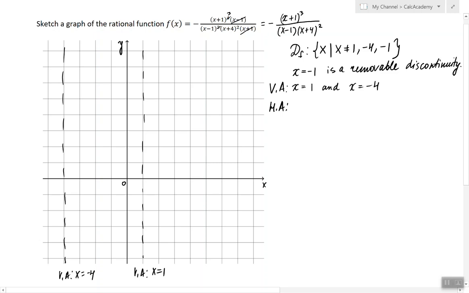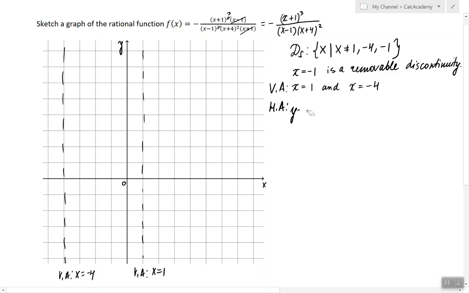To figure that out, we have to consider the degree of the numerator and the degree of the denominator. So the degree of the numerator is 3, and the degree of the denominator is also 3. So when the 2 degrees are the same, it all comes down to just finding the ratio of the leading coefficients, and whatever that number is, that's going to be our horizontal asymptote.